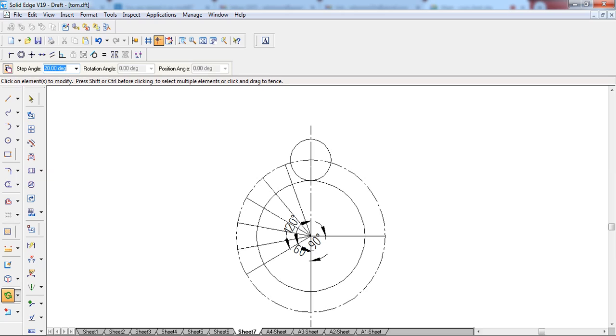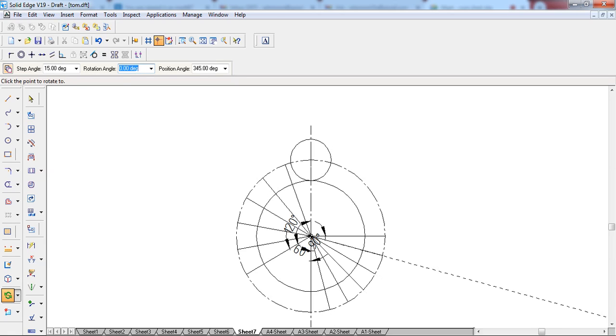Same way the 90 degree I will divide into 6 equal parts. Angle will be 15 degree each.